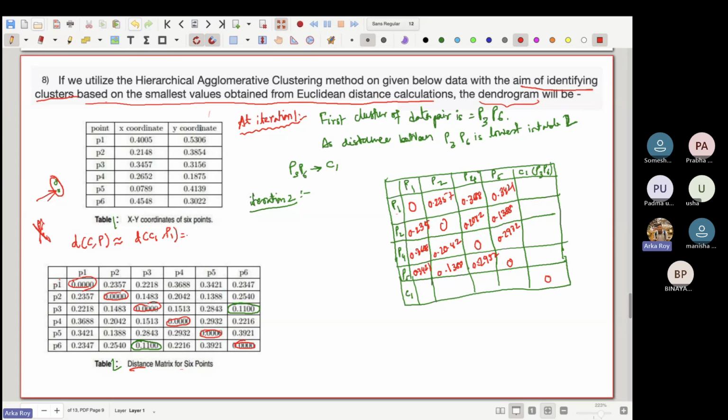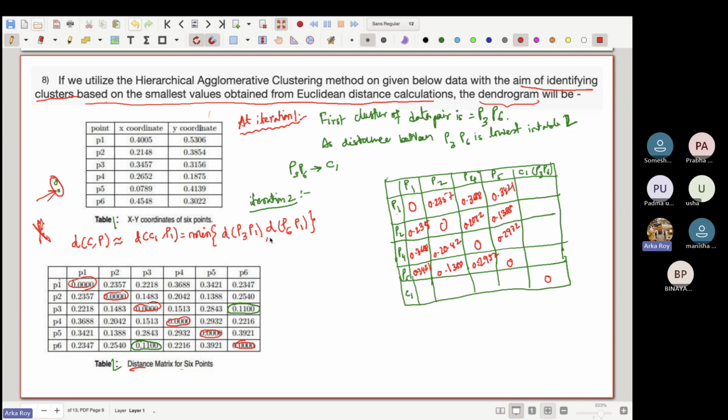So that means we have to calculate the minimum. Which data is in cluster 1? We have P3 and P6. So individually we have to calculate the distance from P3 to P1 and from P6 to P1, and then take the minimum.